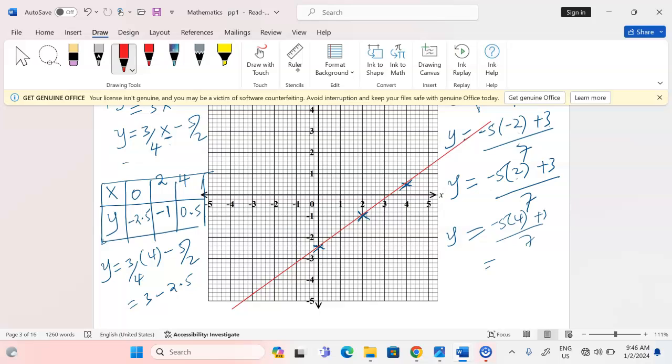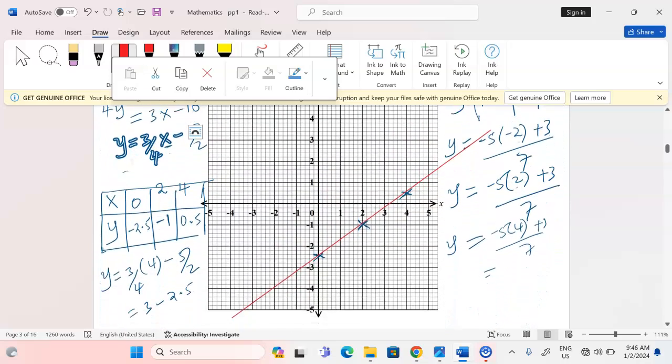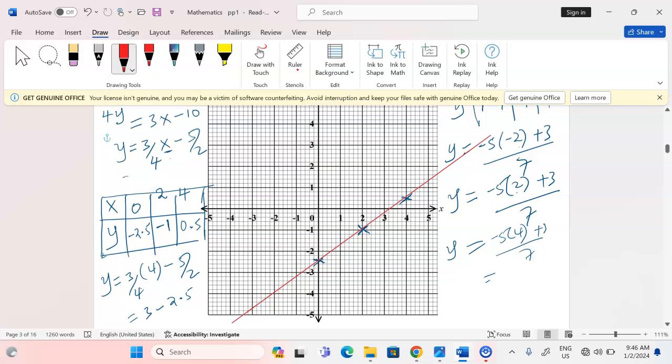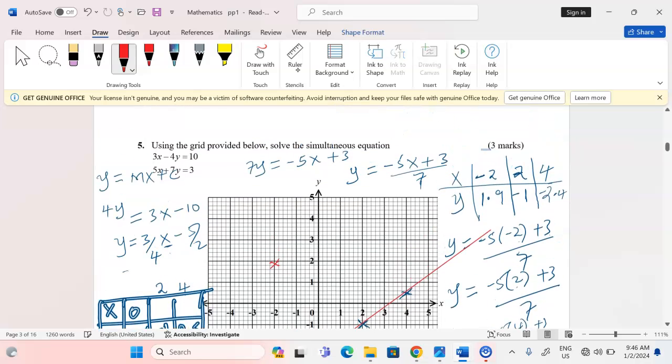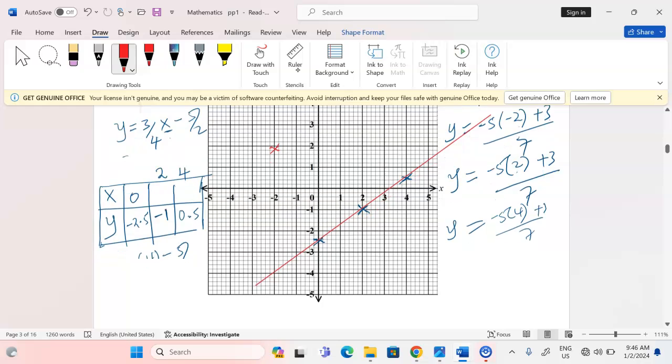Now we can draw the second line, whereby we're going to use the coordinates on the other side, negative 2 and 1.9. So negative 2 and 1.9 is going to be a coordinate at this point. That is the first coordinate. The second coordinate is going to be 2 and negative 1.